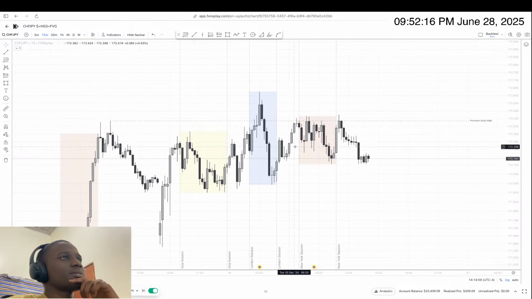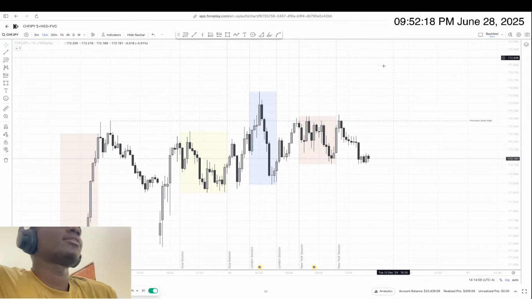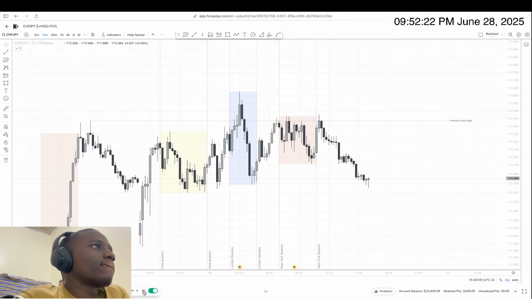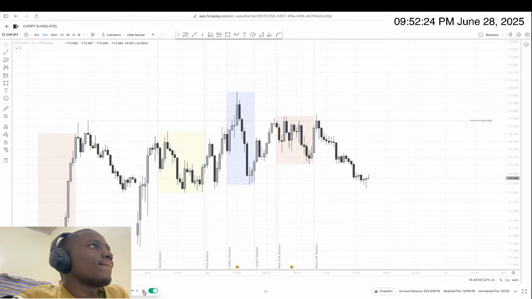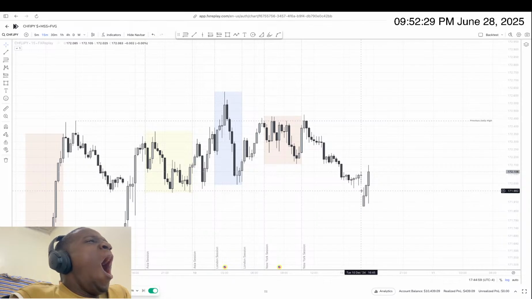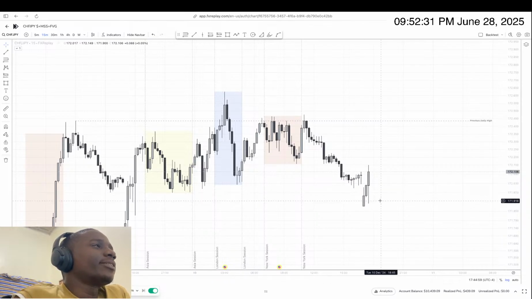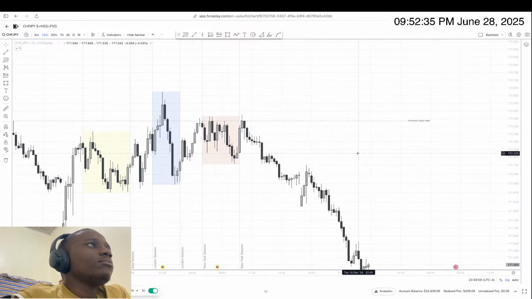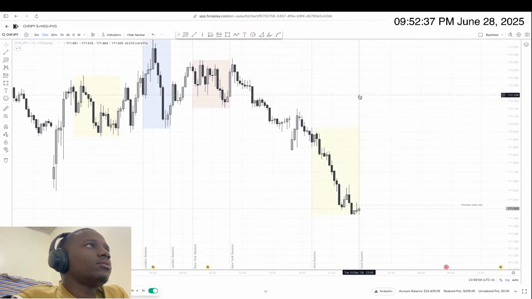Okay, market was basically consolidating this day. We end up taking out these lows overnight. So the day open occurs here.